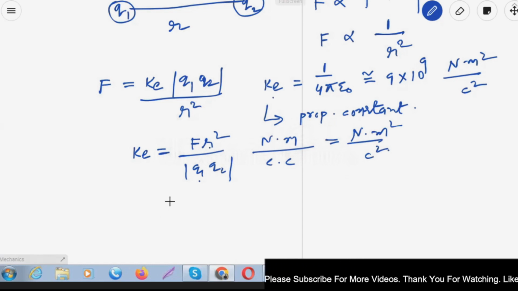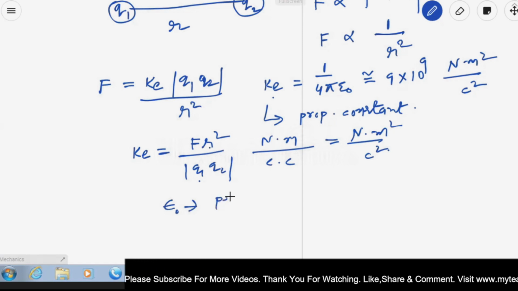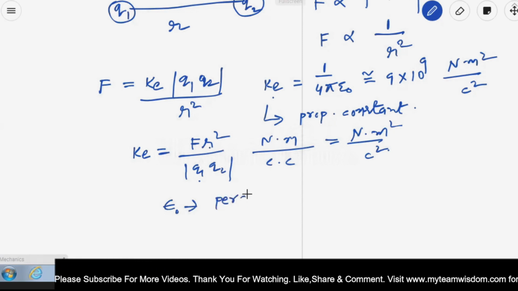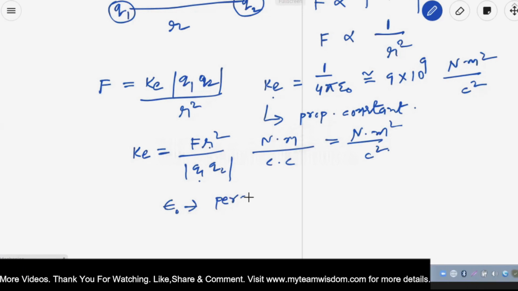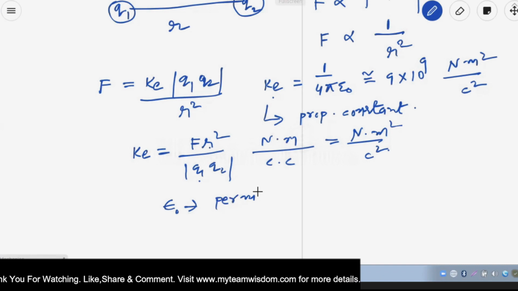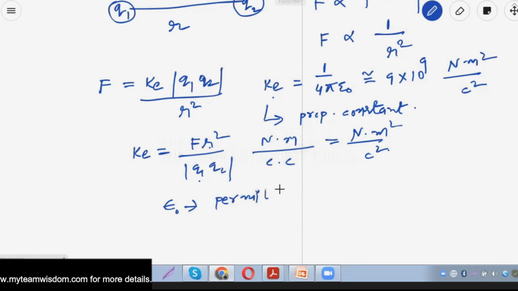And one more constant is coming, that is epsilon naught. Epsilon naught is what? Permittivity of the free space.